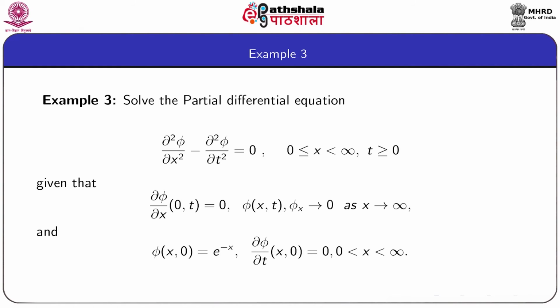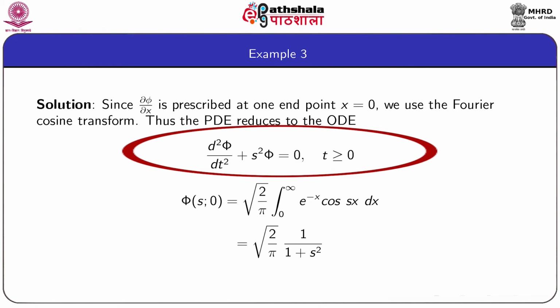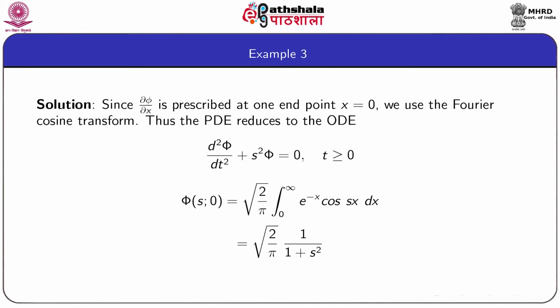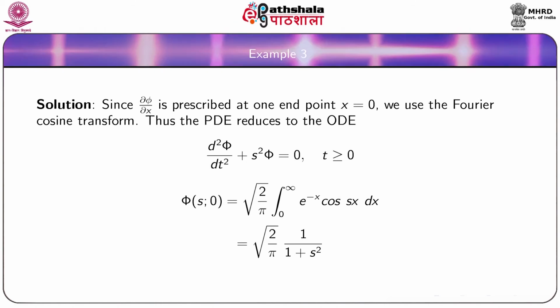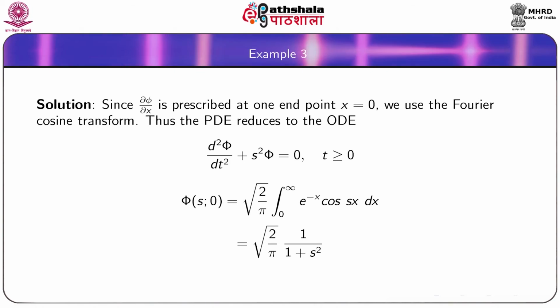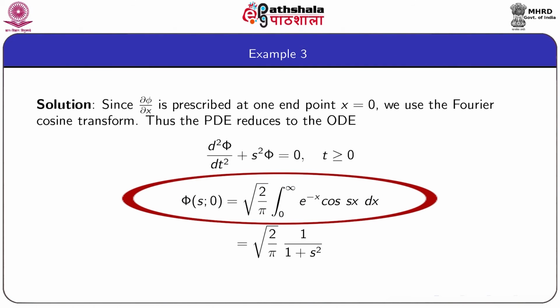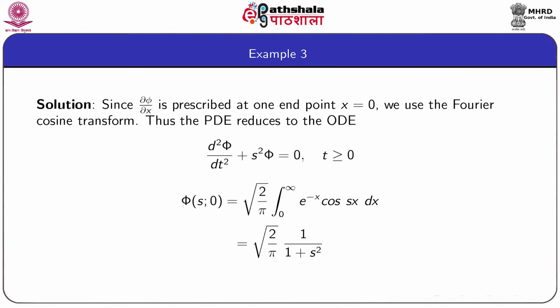Now, multiplying both sides of this wave equation by root over 2 by pi cos sx and integrating with respect to x from 0 to infinity, this equation transforms to an ordinary differential equation d²Φ/dt² + s²Φ = 0, t ≥ 0, where capital Φ is the Fourier cosine transform of small φ, and capital Φ at t = 0 becomes root over 2 by pi integral from 0 to infinity e^(−x) cos sx dx, which is equal to root over 2 by pi times 1 by (s² + 1).